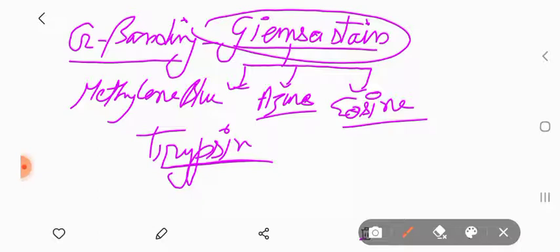Normally trypsin partially digests some of the chromosome proteins, thereby relaxing the chromosome structure, or better to say chromatin structure, and allowing the Giemsa stain to access the DNA.